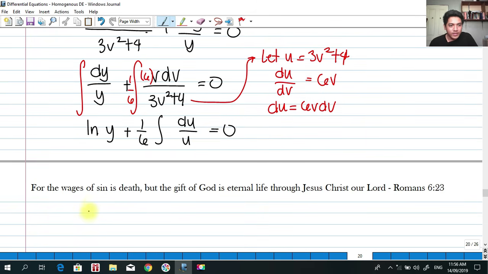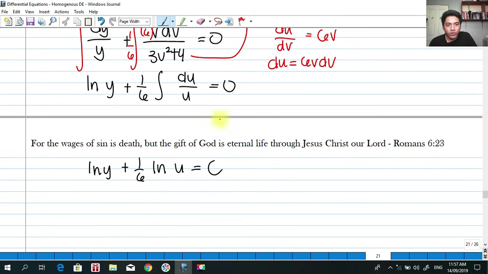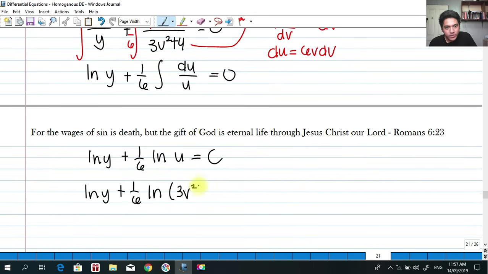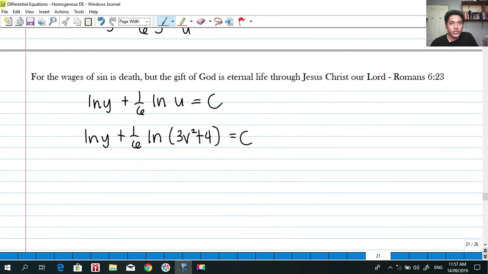If you integrate that, it is simply ln of y plus 1 over 6 ln of u equals c, because the integral of 0 is a constant c. But u is equal to 3v squared plus 4, so we have ln of y plus 1 over 6 ln of (3v squared plus 4) equals c. For our equation to look neat, we multiply both sides by 6 to eliminate the 6 there.